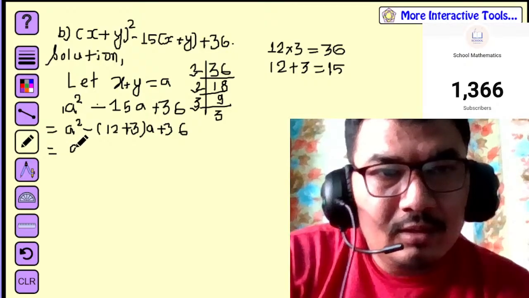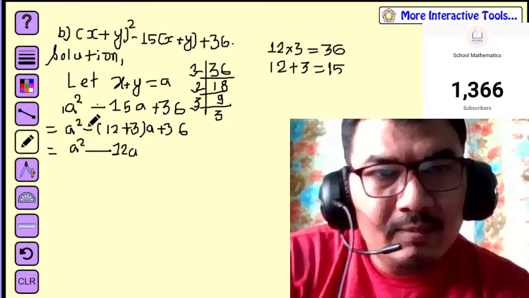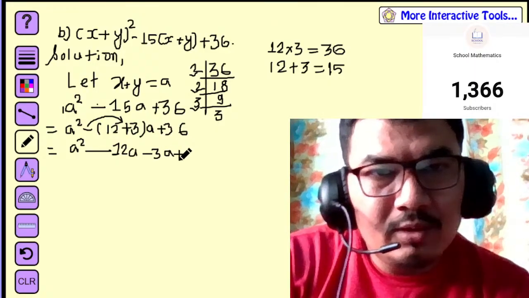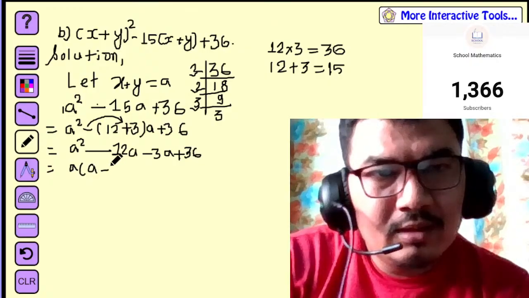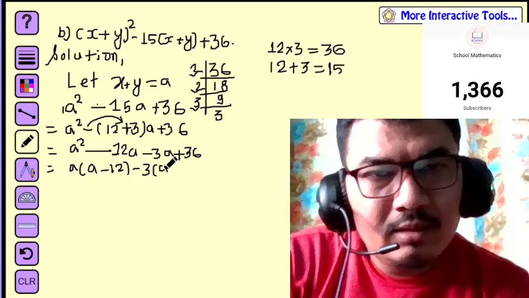What will come? Look, children, here a square minus 12a, and this sign is minus, so don't forget to multiply it while removing the bracket. Here will be minus 3a and plus 36. Then take a common: a minus 12 is remaining, minus 3 into a minus 12.